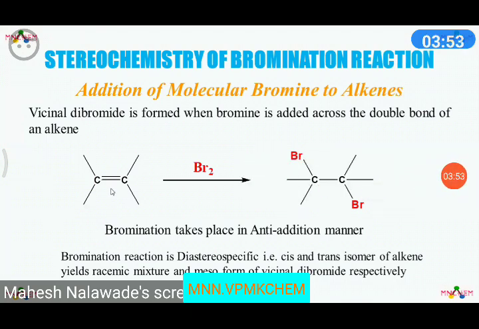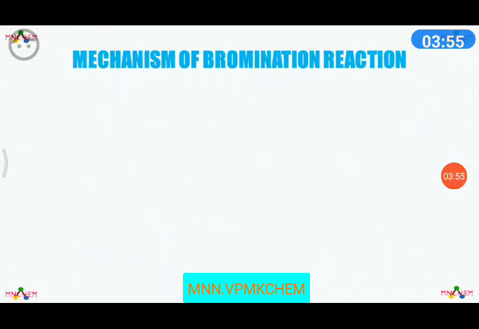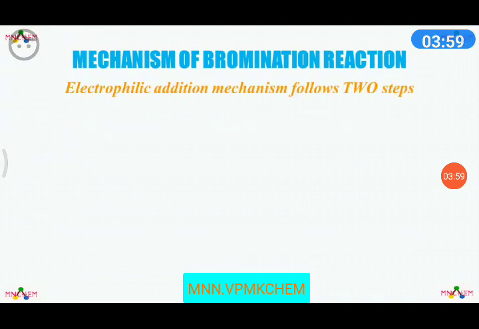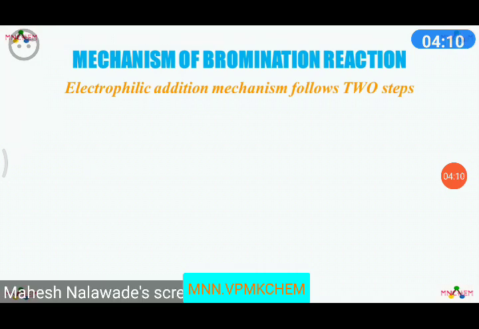Now let's discuss the mechanism of bromination reaction. As we already said, this is an anti-addition reaction. This is an example of electrophilic addition reaction across the carbon-carbon double bond. It follows two steps.